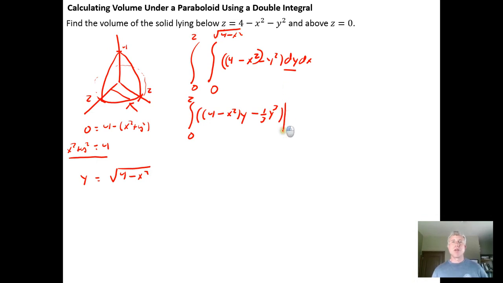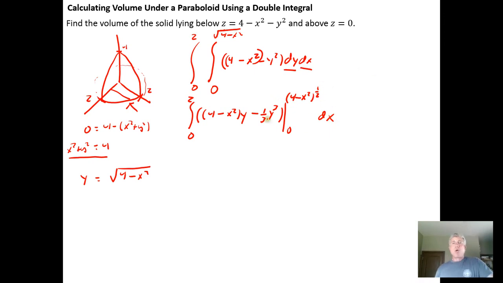And this is going to run from 0 to the square root of 4 minus x squared. I probably want to think about it as being 4 minus x squared to the half power. And I haven't integrated with respect to x yet, so I have to keep the dx in it.